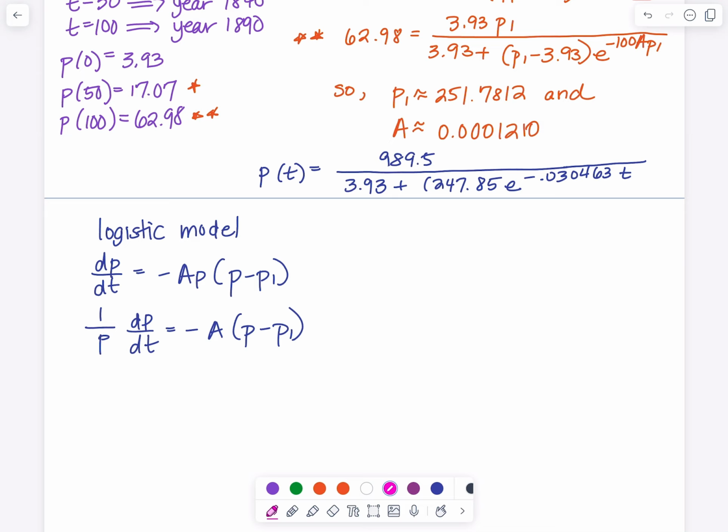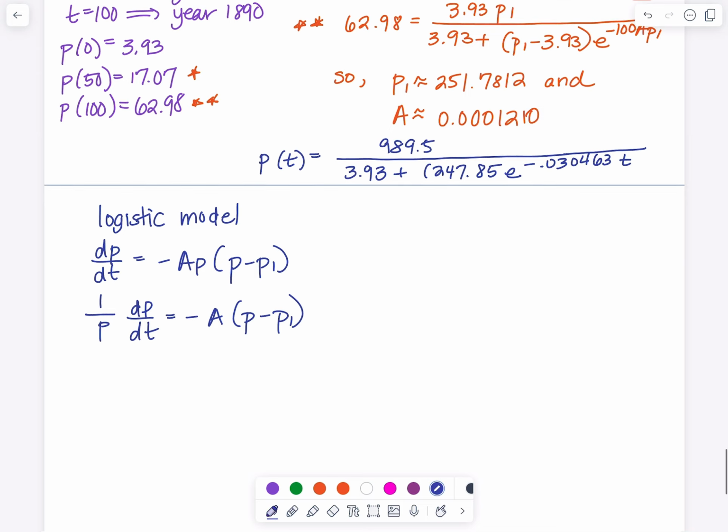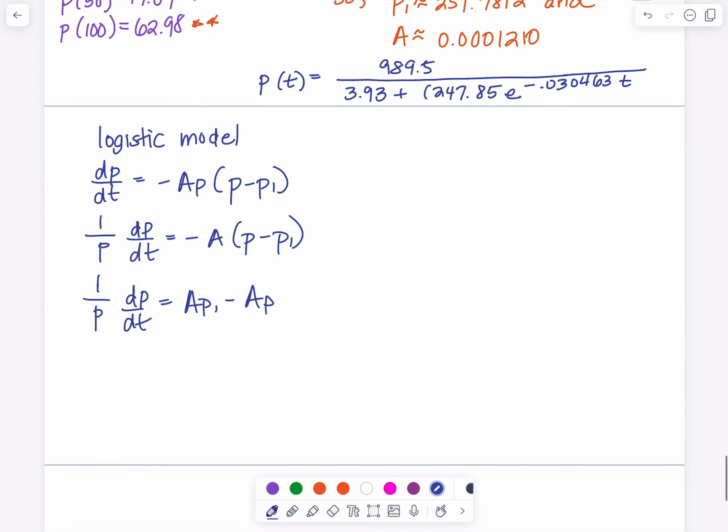You can see here that A P1 is, let me go ahead and fill that in. And we have A P1 minus A P. And what you can see here is that A P1 is the intercept.